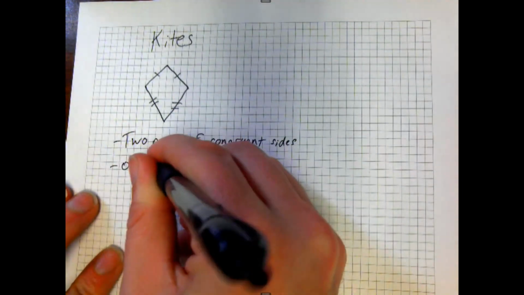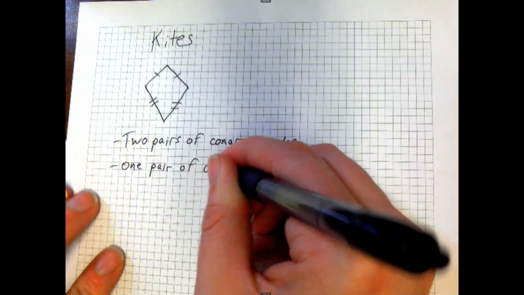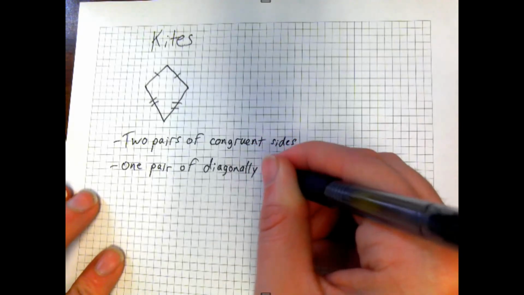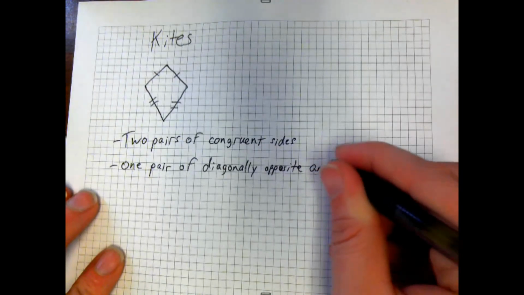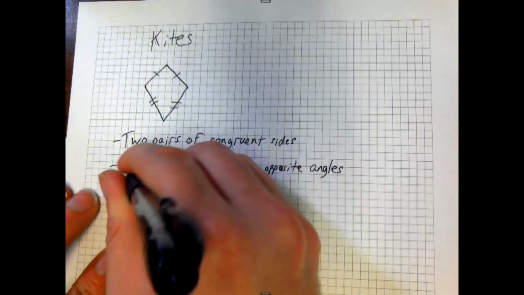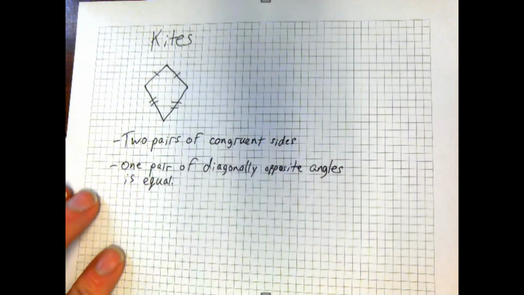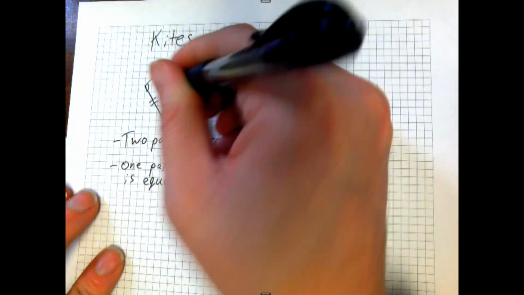One pair of diagonally opposite angles is equal. So this angle is congruent to this angle.